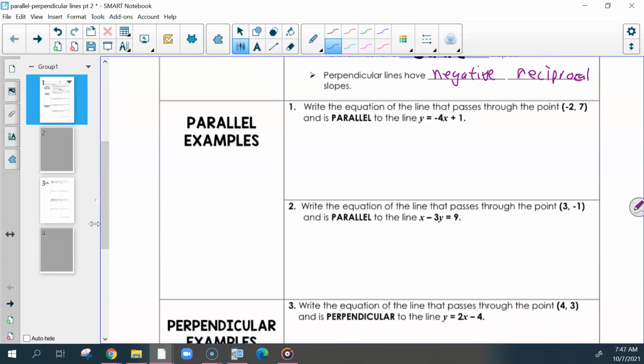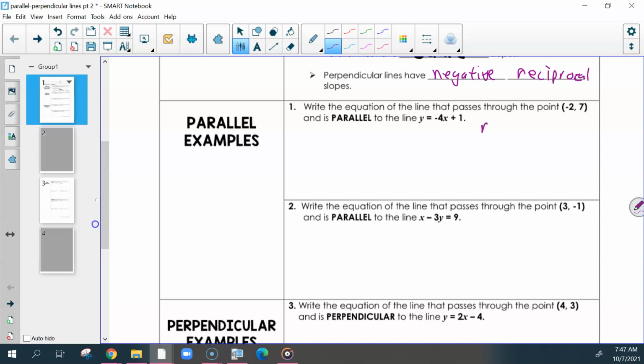For number one, they give us a point. They tell us we have to write an equation that is parallel to the one that's given, and they give us an equation. So we first have to know, since it's a parallel line, the one we're going to find is going to be parallel, the slope of our new line is going to be the same.